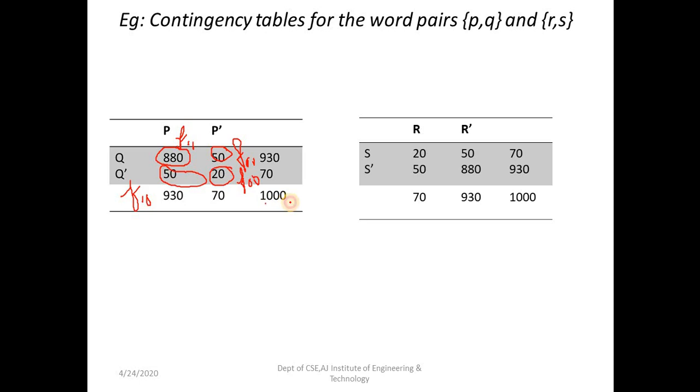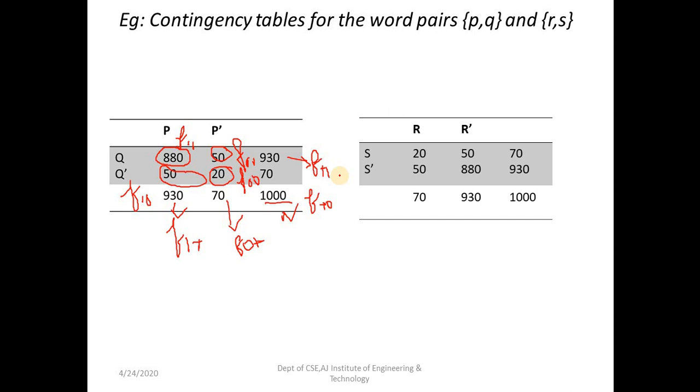This is N. This is F plus 1, F plus 0, F of 1 plus where P occurs, and F of 0 plus. In the same way, we have this table for R and S.